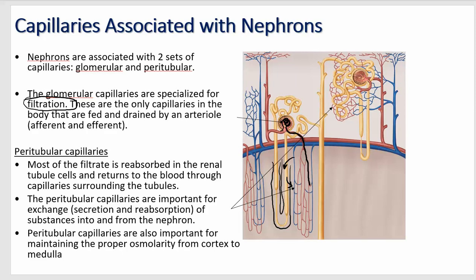You have to have that association, because when we reabsorb something from the nephron, it has to go to capillaries. Peritubular capillaries are also important for maintaining proper osmolarity from the cortex to the medulla. We're going to see how they play a role in that too.